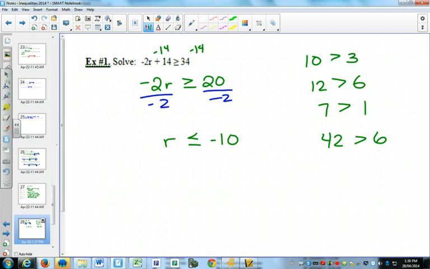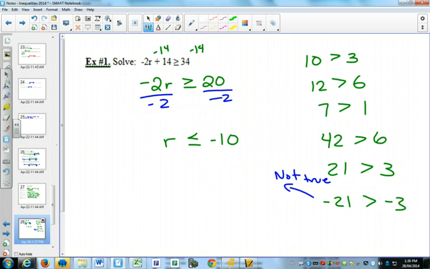And if I would divide both sides by a positive number, say I divide both by positive 2, it's still true. But as soon as you multiply by a negative number, let's say I multiply this one by negative 1, negative 21, negative 3, all of a sudden this is not true, because negative 21 is not bigger than negative 3. So when you multiply by a negative, you have to switch the sign.